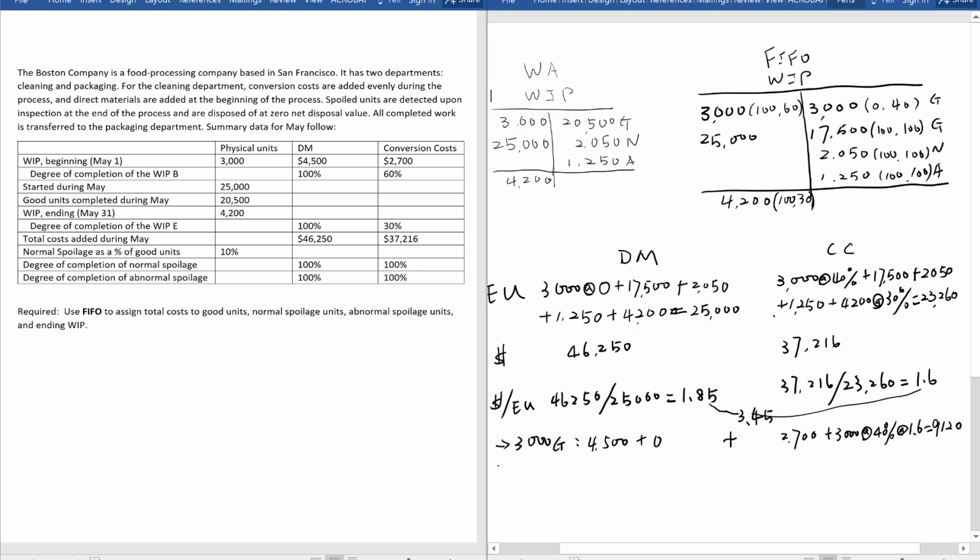Cost assigned to the 17,500 good ones are 17,500 times 3.45, equal to 60,375.